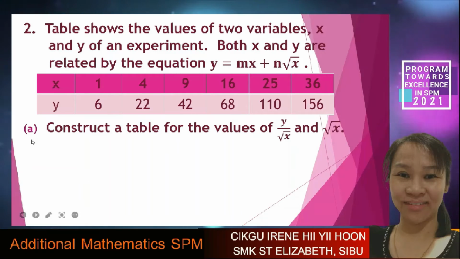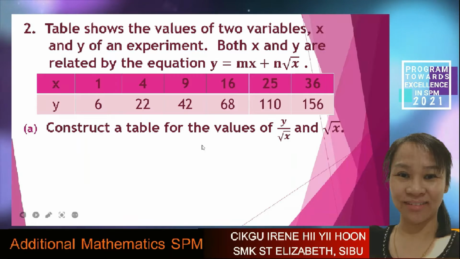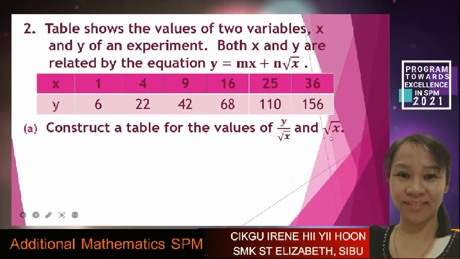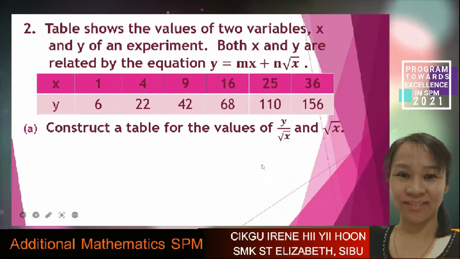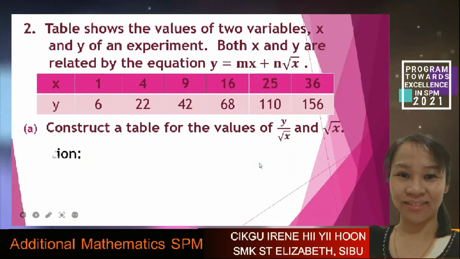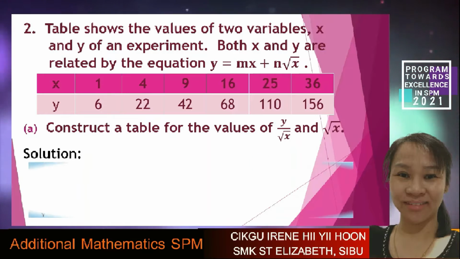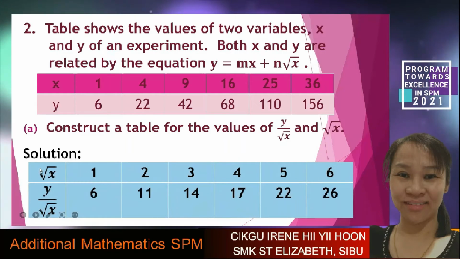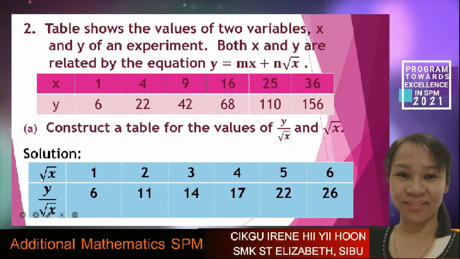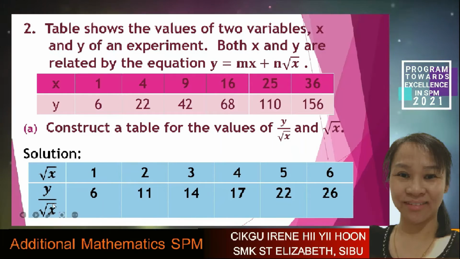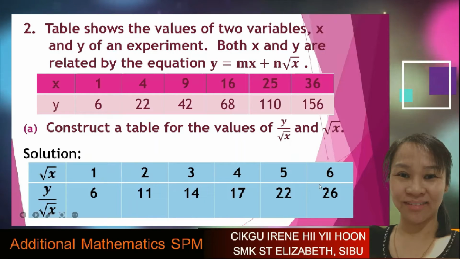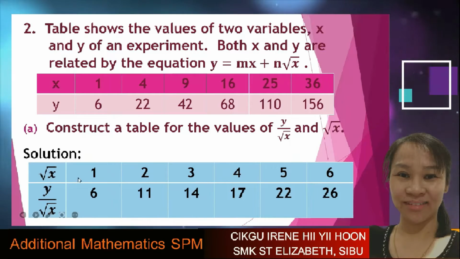Question A: construct a table for the values of y over square root x and square root x. So the table with the values of square root x and y over square root x is constructed here.